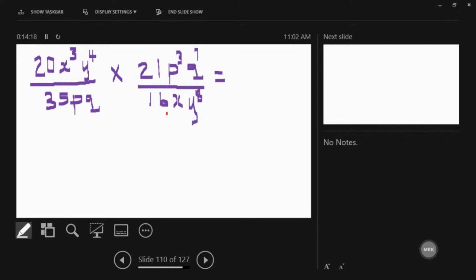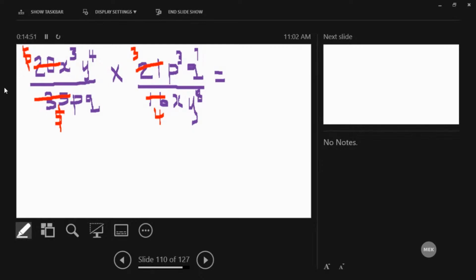We can use 4 to cancel the 20 and the 16. 4 into 16 goes 4. 4 into 20 goes 5 times. 7 can go into 21 and 35. 7 into 21, 3 times. 7 into 35, 5 times. And this 5 can cancel that one.